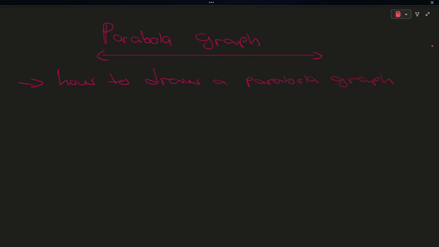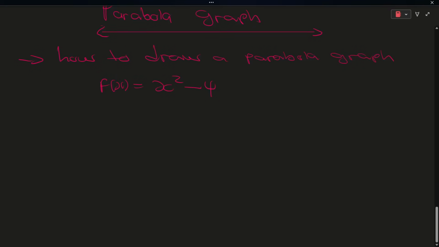Okay, let's say you are given the equation f(x) equals x squared minus 4. So where do we start? We start at the x-intercept. At the x-intercept, we let y be 0.